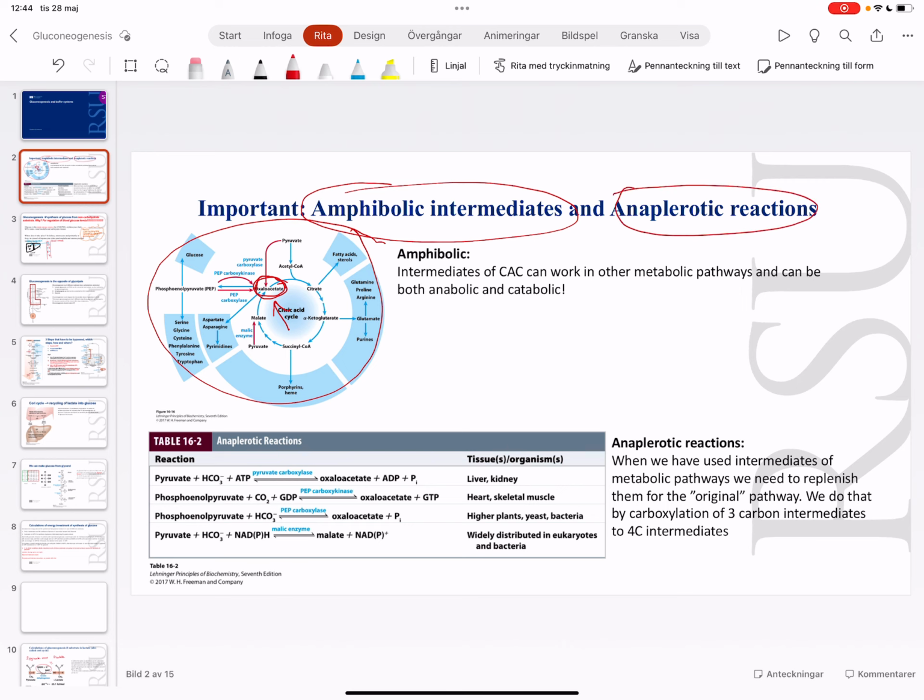For example, if we use oxaloacetate, then we will use pyruvate plus bicarbonate ions to produce oxaloacetate. Such anaplerotic reactions work by carboxylation of 3 carbon intermediates into 4 carbon intermediates. That's what I've written here.